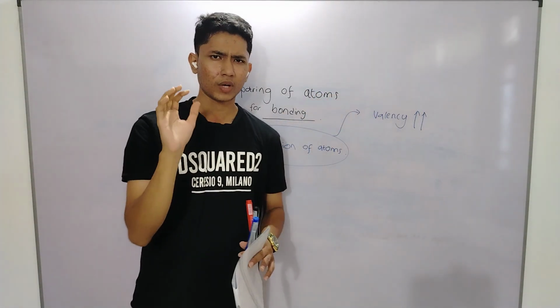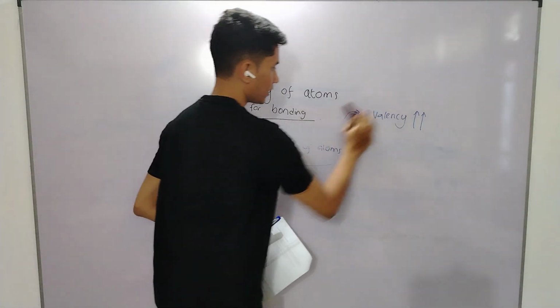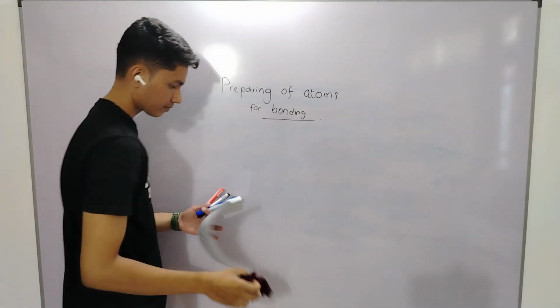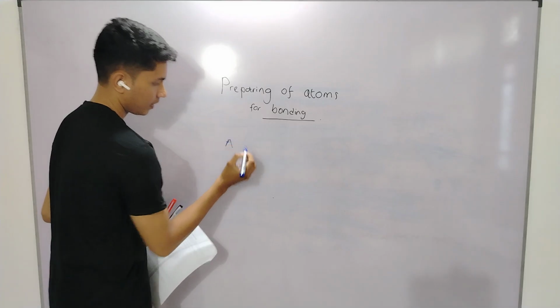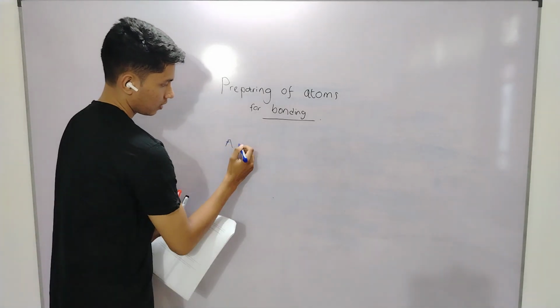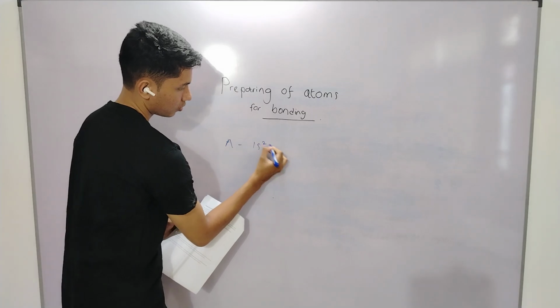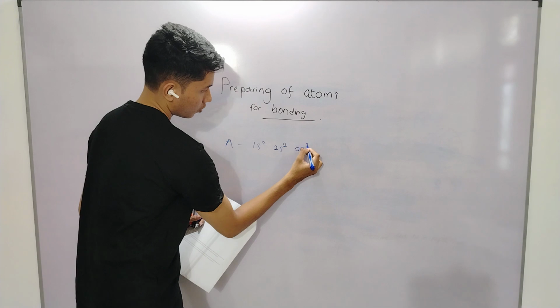Now, to understand this part, let's go into the examples. Let's say an atom A. The configuration is 1s2, 2s2, 2p2.